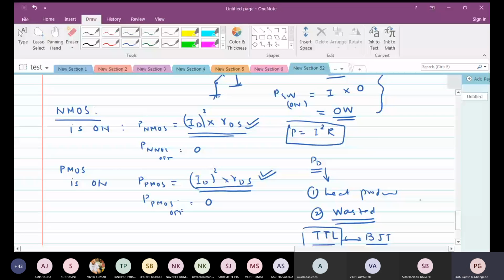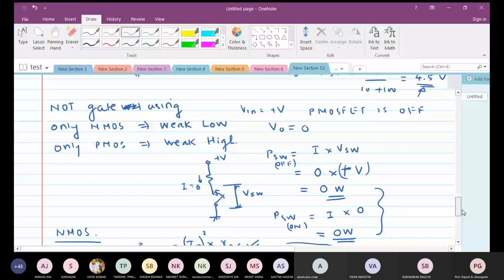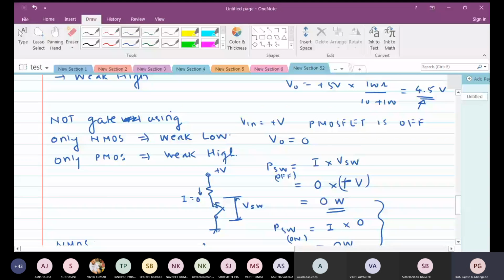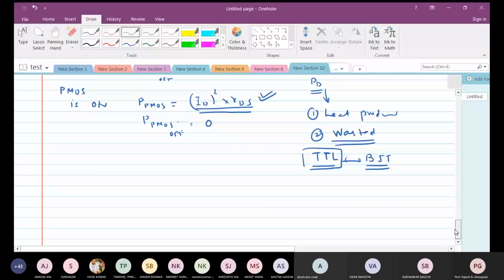So first of all, my power dissipation is less but not completely 0. This is one problem. So there are two problems: we have a weak low and power dissipation, or a weak high and power dissipation, if I use any one of these devices to construct the gates. So people found out that there is a combination. We can combine NMOS and PMOS to give a very good technology called CMOS.